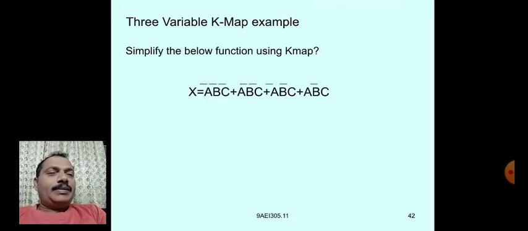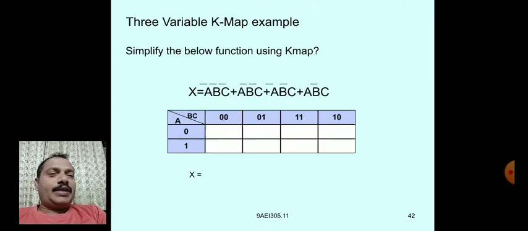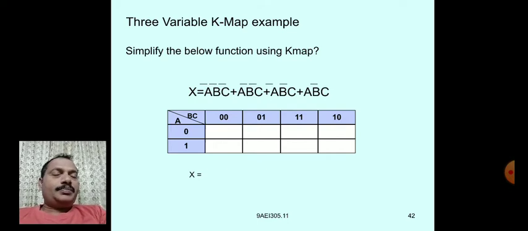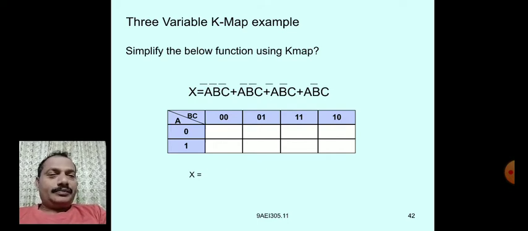Now simplify the below function using a 3 variable K-map. Simplify this expression.